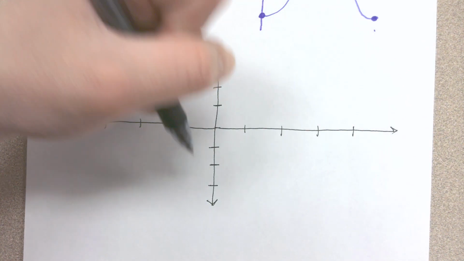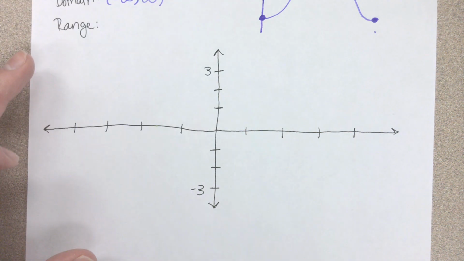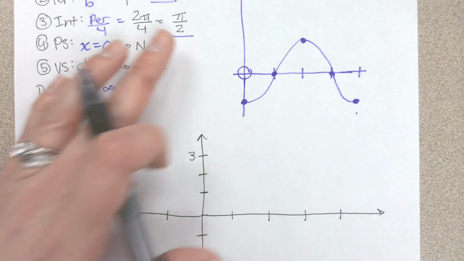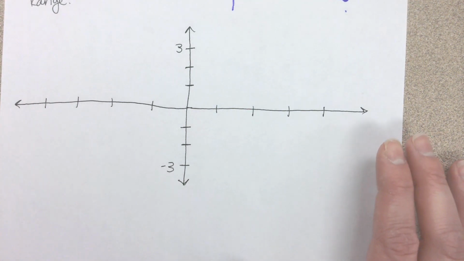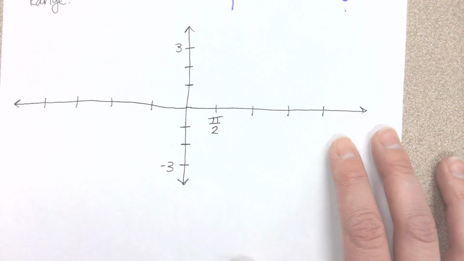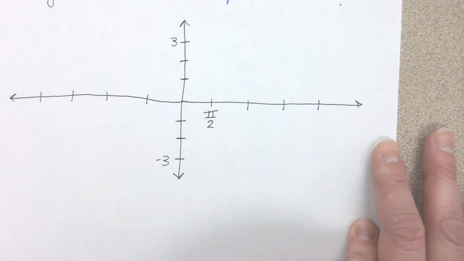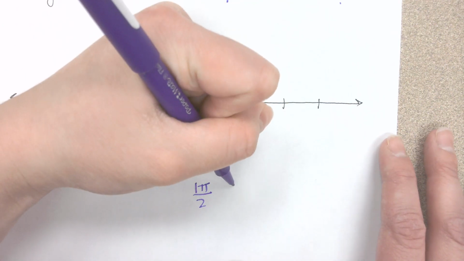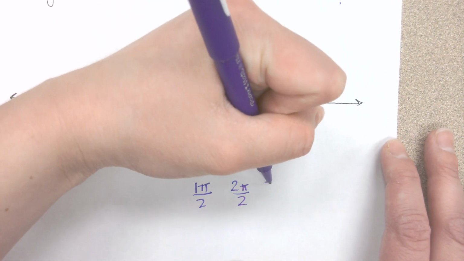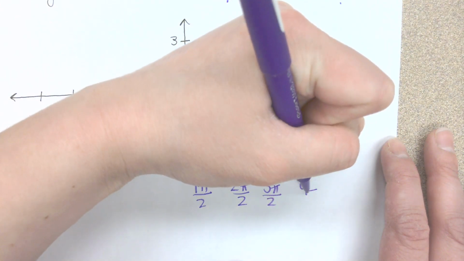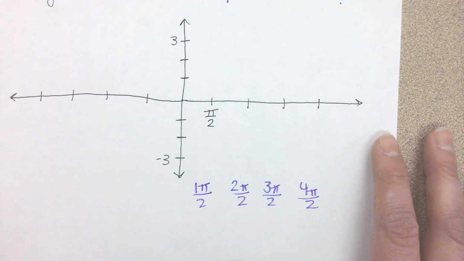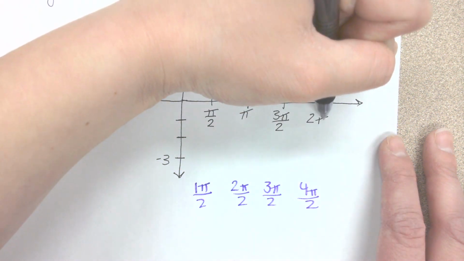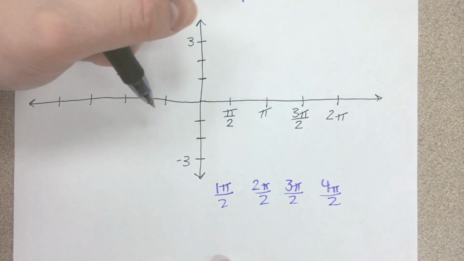I'll go and label my y-axis numbers. For the x-axis, our intervals are pi over 2. So the first interval there is pi over 2. Per usual, I will do the unreduced fractions at the bottom and then reduce them above. We have 1 pi over 2, 2 pi over 2, 3 pi over 2, and 4 pi over 2, giving us pi over 2, pi, 3 pi over 2, 2 pi. And the same for the negatives.